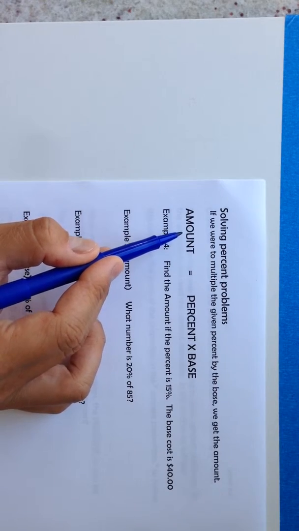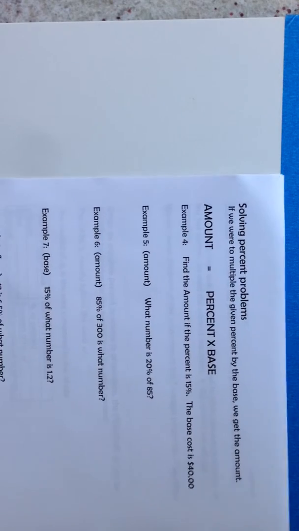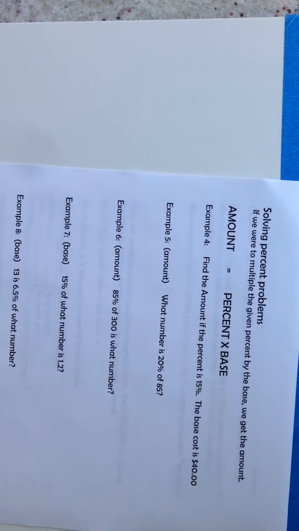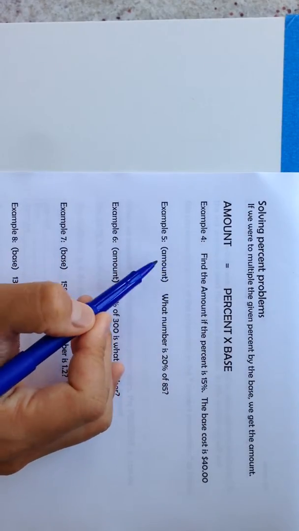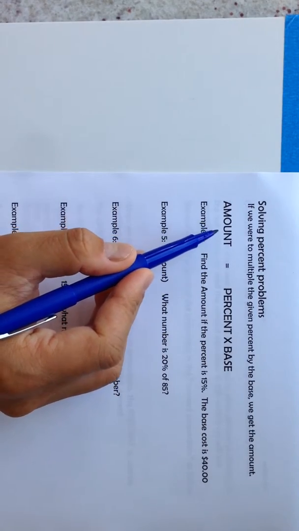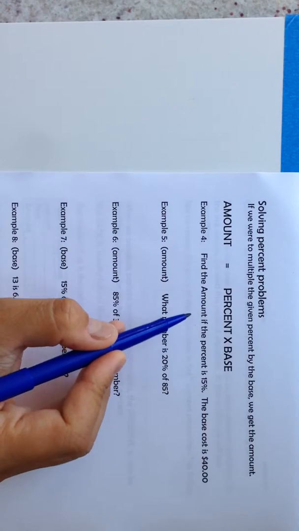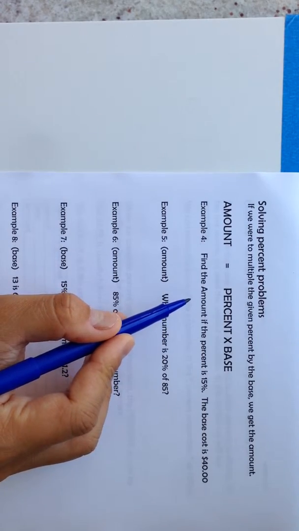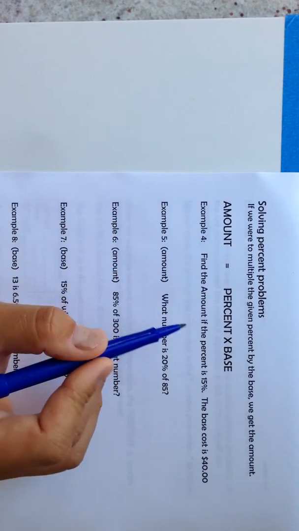In this case, it would be $10. In examples 4, 5, and 6, I'm going to ask you to find the amount, which is how much you would save. We're going to translate, and then solve.